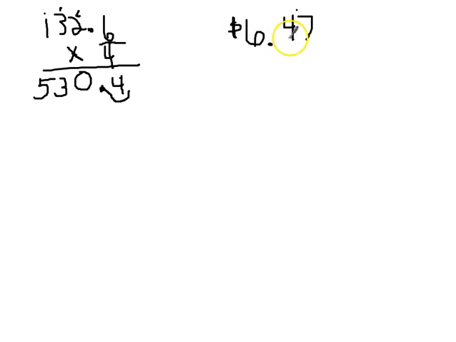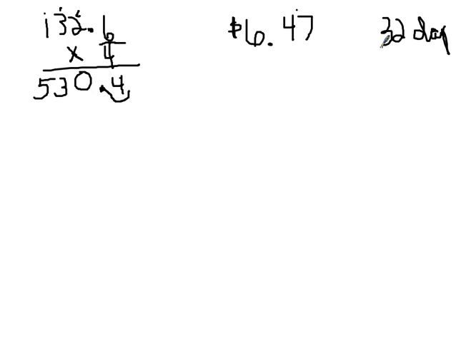How much would it cost to ride the train to work for 32 days? So 1 day cost $6.47, and every day to ride the train to work, it's going to be $6.47. And I want to ride the train for 32 days.